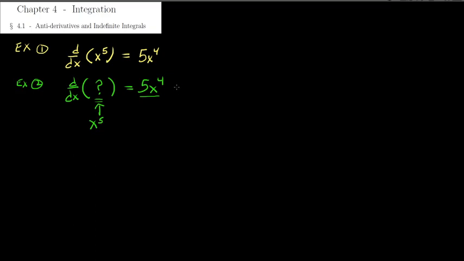So we say that x to the fifth is an antiderivative of 5x to the fourth. Now, notice I said an antiderivative, not the antiderivative, because there's more than one.